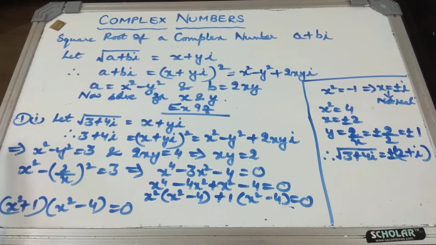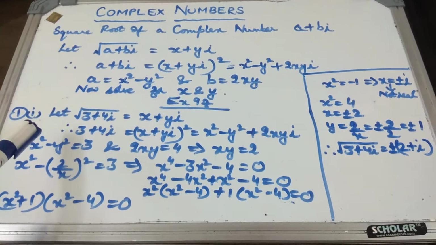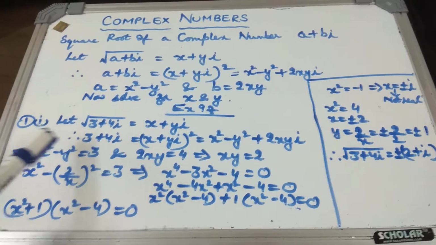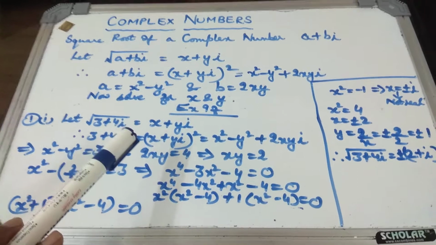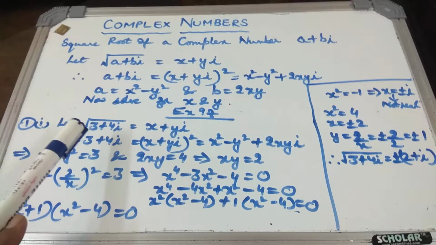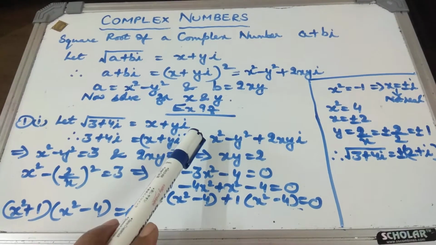Now, I am taking a question from exercise 9F. In question number 1, first part, you have to find the square root of 3 plus 4i. So, obviously I have assumed let the square root of 3 plus 4i be equal to x plus yi.